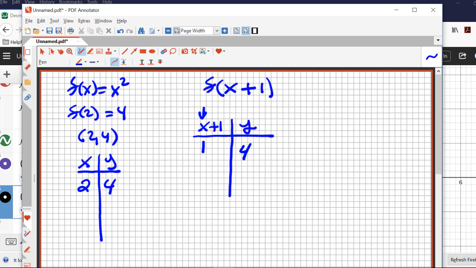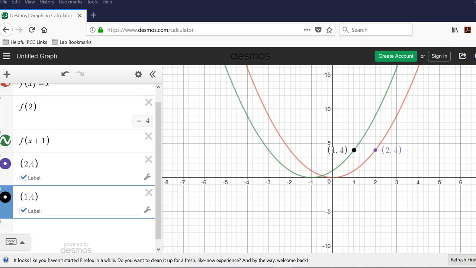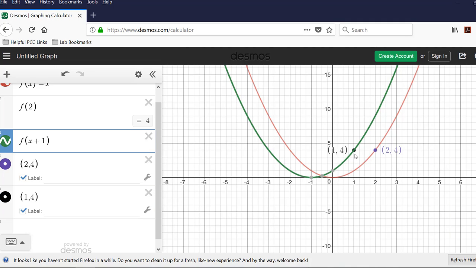When I enter 1 in here, 1 plus 1 is 2, and then the function gives me the 4 back out. Let's consider that, f of x plus 1. So now we're back here, and we can see that indeed (2, 4) was here. When I do the function f of x plus 1, now that point goes to (1, 4).